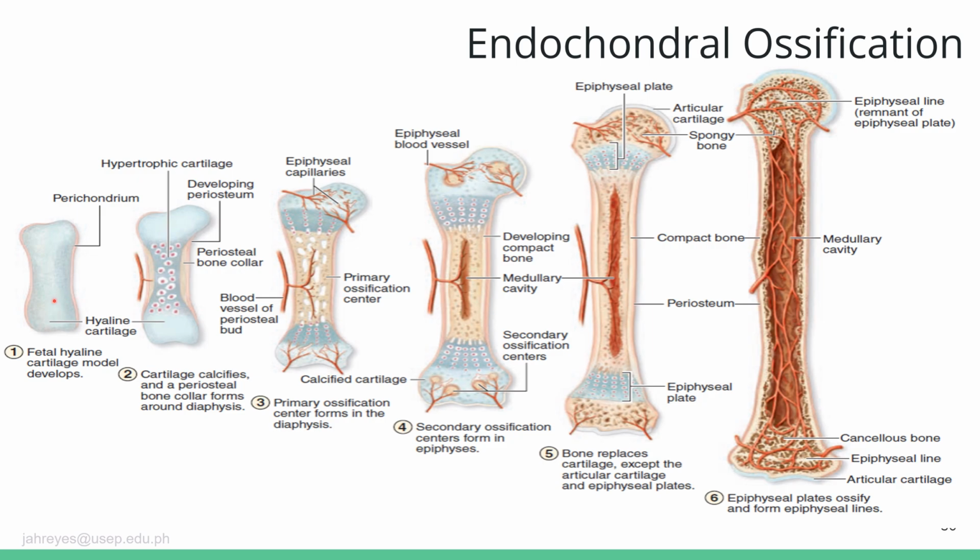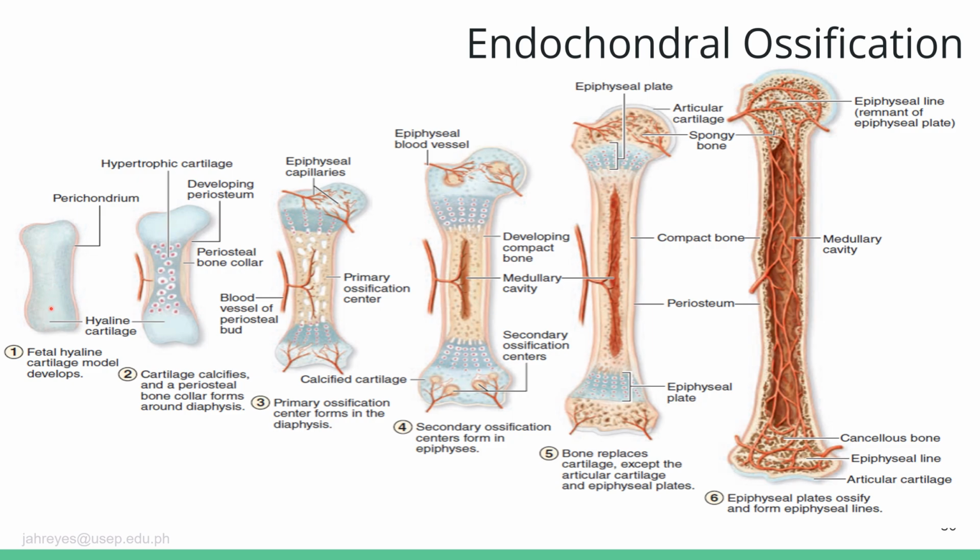So when the cartilage will calcify, there will be a periosteal bone collar that will surround, and that will eventually form the diaphysis. So there is a cartilage model or a miniature version of the future bone, so that will appear.